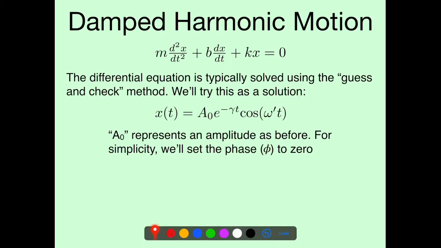And gamma that you see in the exponent here in this solution is just going to be some constant. Okay? So we have three different constants in the equation. We have a naught, we have gamma, and we have omega prime. So again, let's plug this into the differential equation and just verify that it works as a solution.